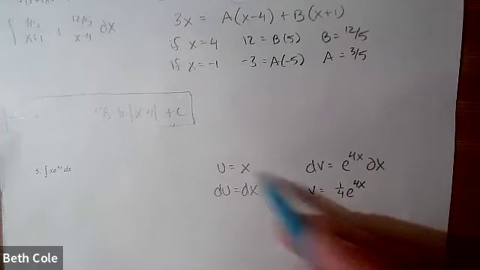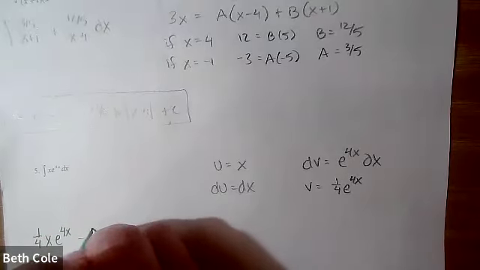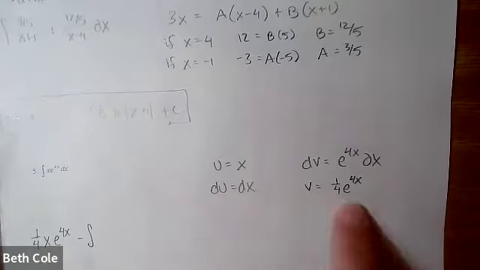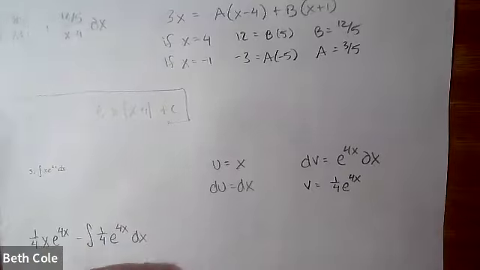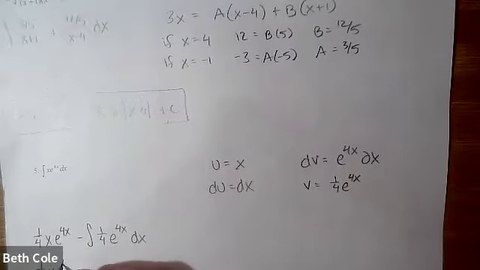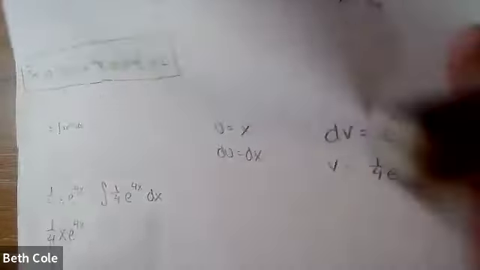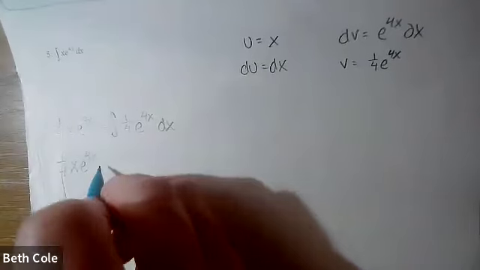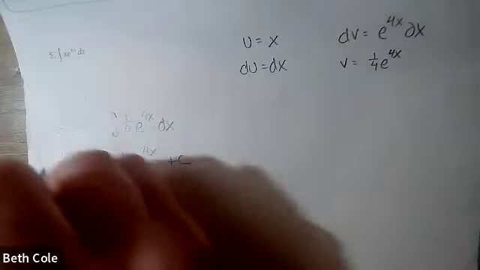It'll be 1/4 x e to the 4x, minus integral, and then we're going to multiply these together. So 1/4 e to the 4x dx. First part just stays the same. Again, we're going to need another 1/4 for this. So it's going to be minus 1/16 e to the 4x plus c.